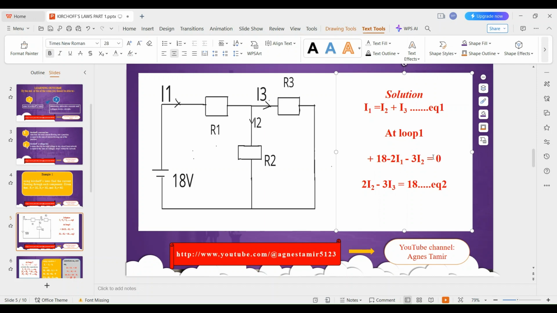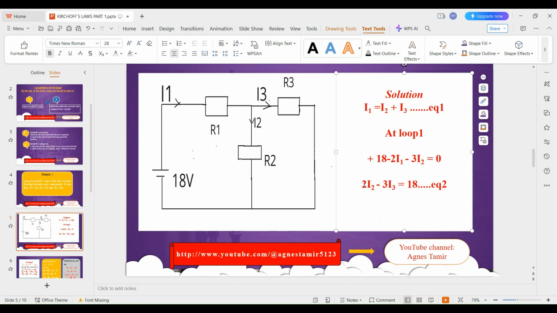Why? We know that Kirchhoff's voltage law states that the sum of all voltages across a closed loop is equal to 0. Therefore, we equate our equation to 0. Now, we can sort this by moving the 2 I1 and 3 I2 to this side.